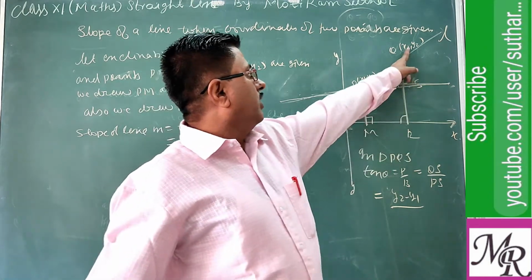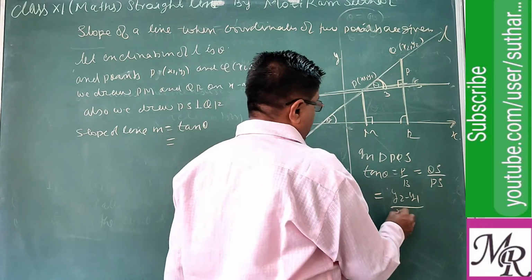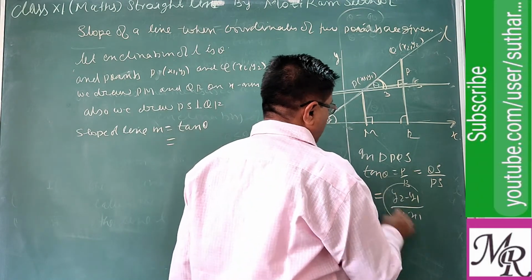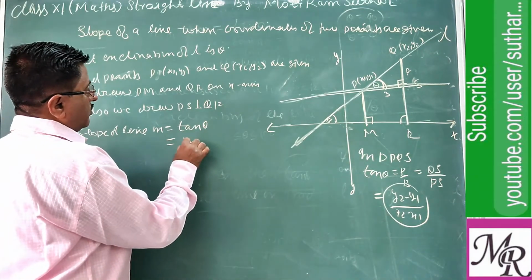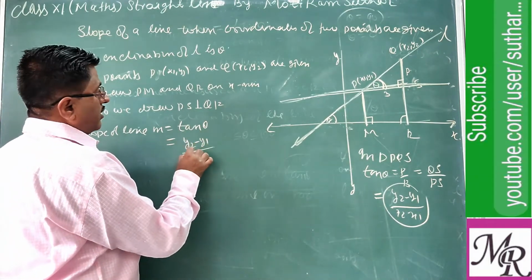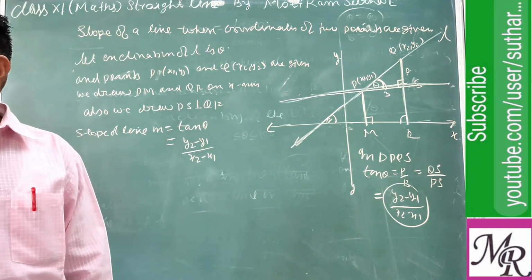OR is x2, OM is x1. So we get the value of tan theta. So tan theta is what? y2 minus y1 upon x2 minus x1.